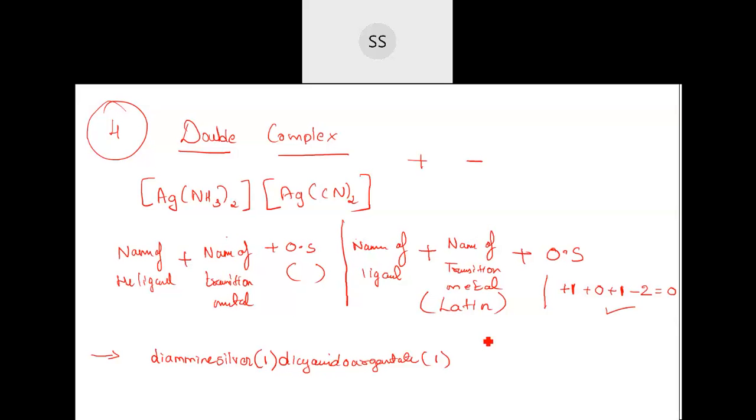No need to write ion at the end, because this plus and minus are getting cancelled by each other, no? So the whole molecule, the whole complex, is neutral. So no writing ion at the end, because the whole complex is a neutral complex now.